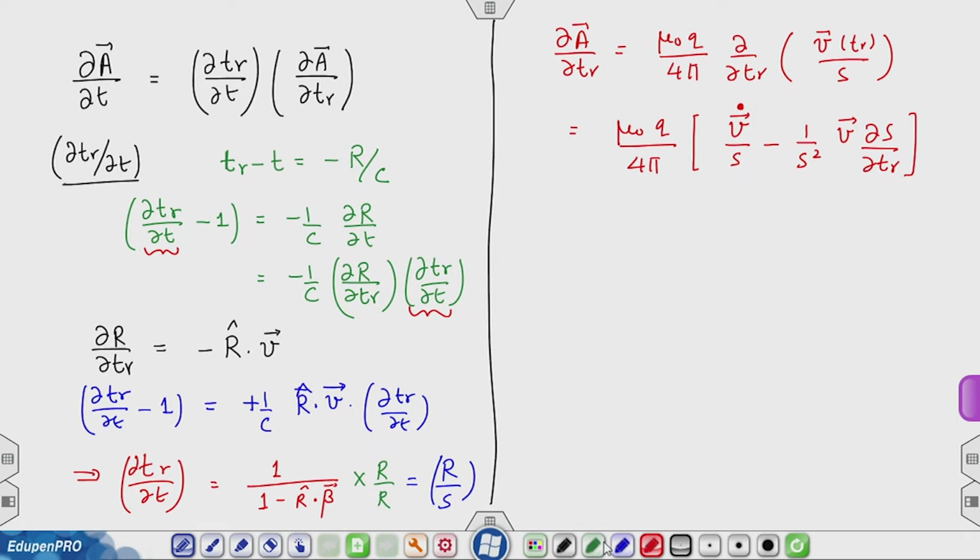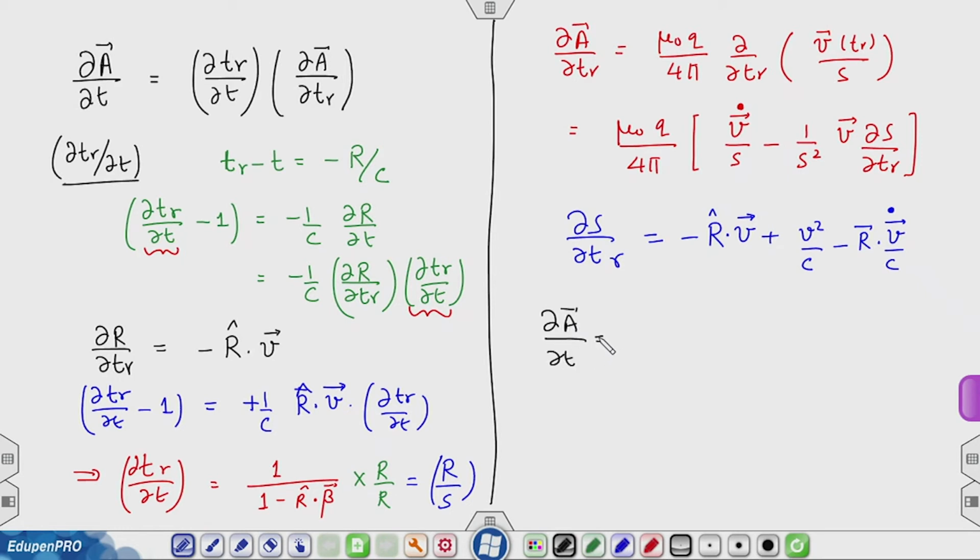And we have already calculated ds by dTr. ds by dTr is equal to minus r unit vector dot v plus v square over c minus r dot v dot over c.